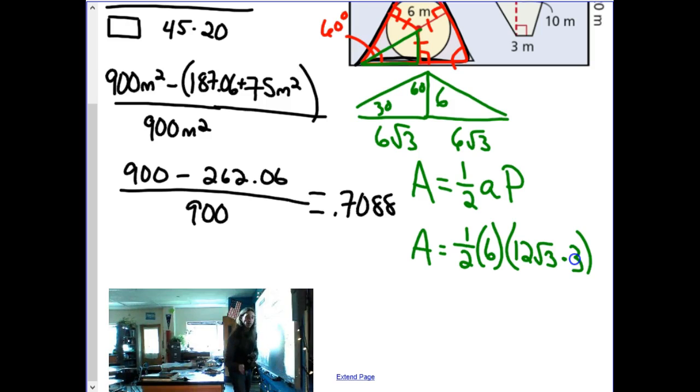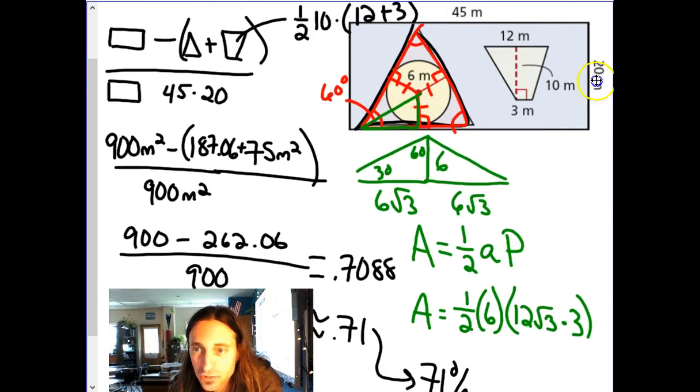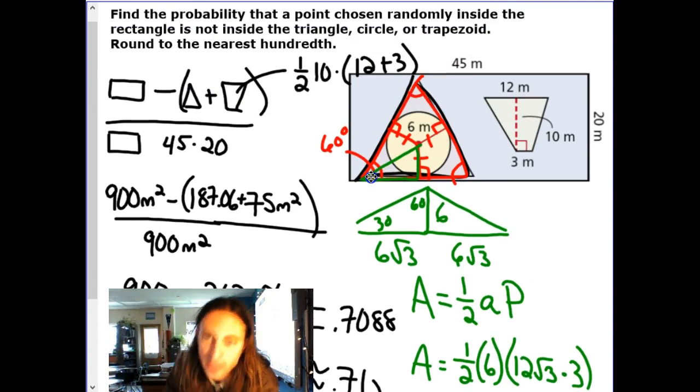And if it says round to the nearest hundredth, that means this is actually 0.71, which is another way of saying 71% chance that given you land inside this rectangle, you do not land within the triangle or that trapezoid.